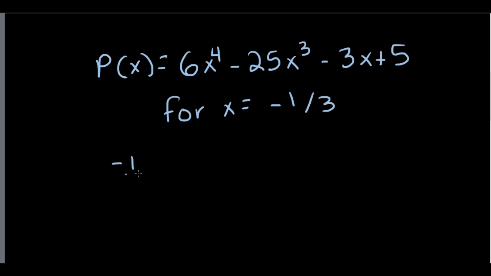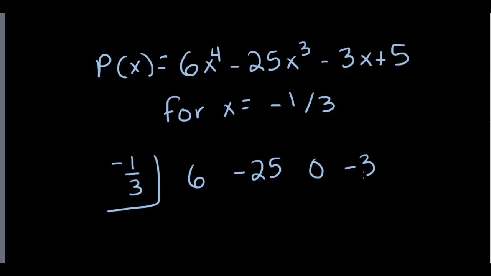So again, -1/3 goes inside the little box. And I'm going to write the coefficients. 6 for x to the 4th, -5 for x to the 3rd, 0 for x squared, negative 3 for x, 5 for the constant.